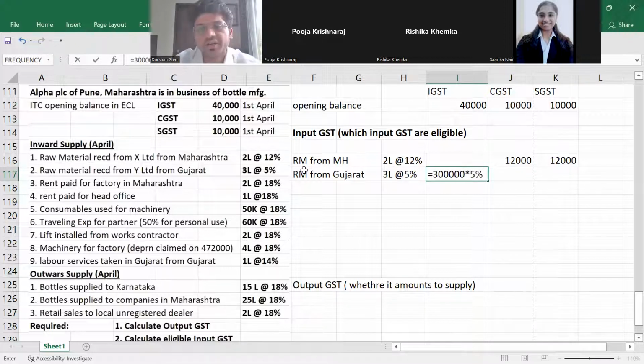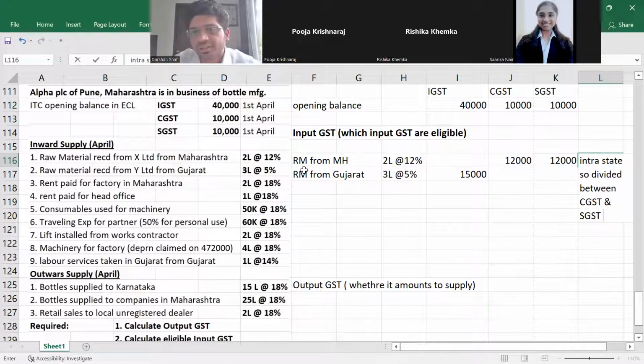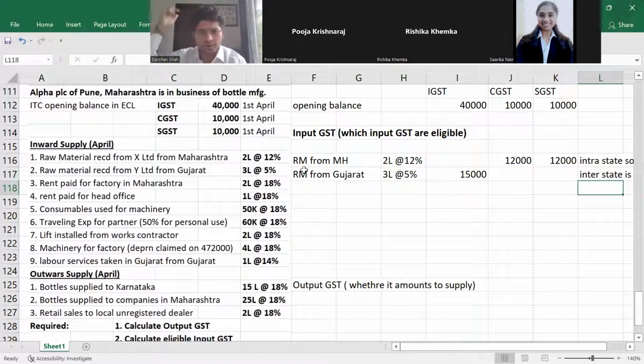This was intrastate, so divided between CGST and SGST. Intrastate is divided between CGST and SGST, and interstate is directly under IGST. No problem till here, guys? Understood?